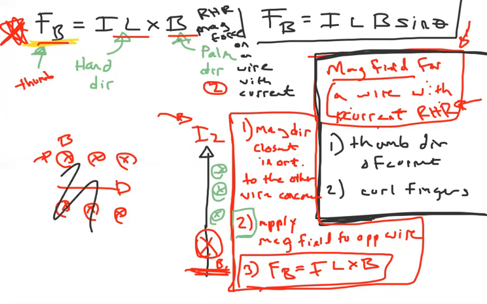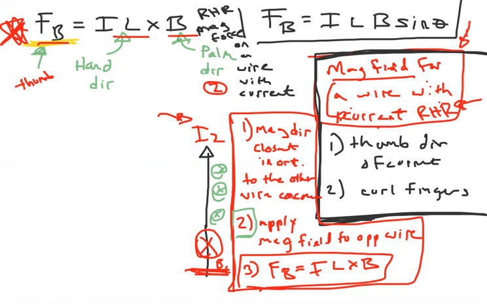If that's not making sense, let me show you why. The way it's written, it says how to get the magnetic field for a wire with current.